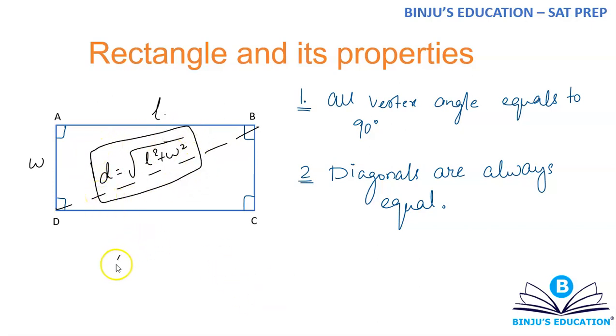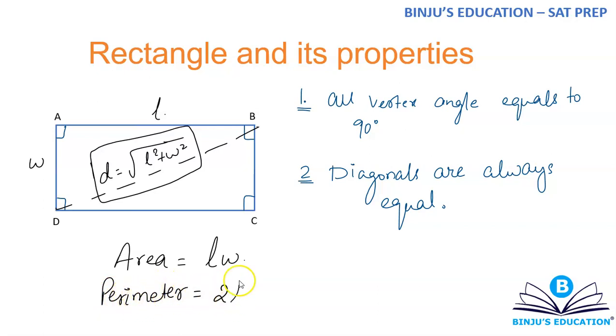If you want to calculate the area, that is length times the width, and if you want to calculate the perimeter, that is twice of L plus twice of W. So these are the changes. Apart from that, everything else is exactly the same.